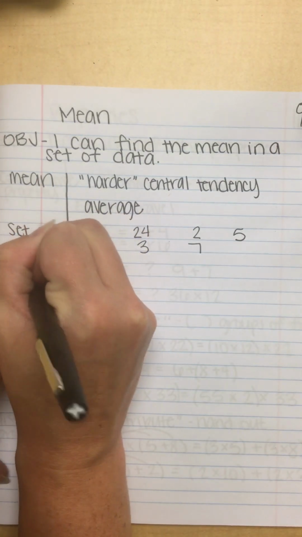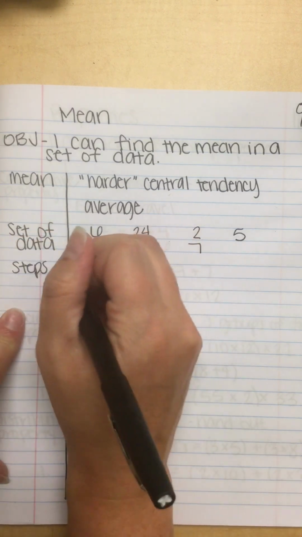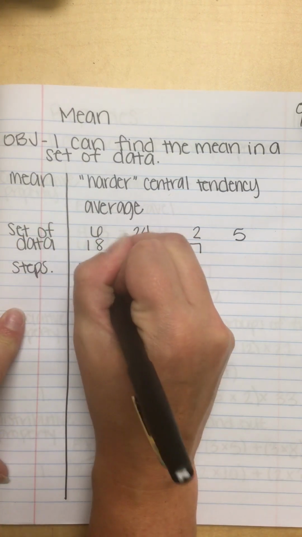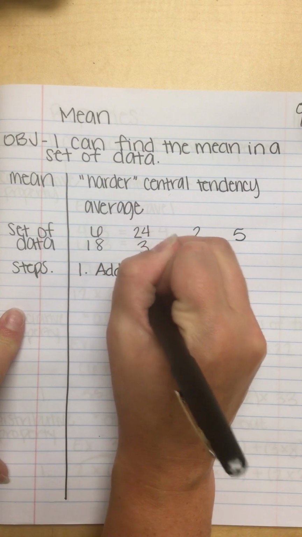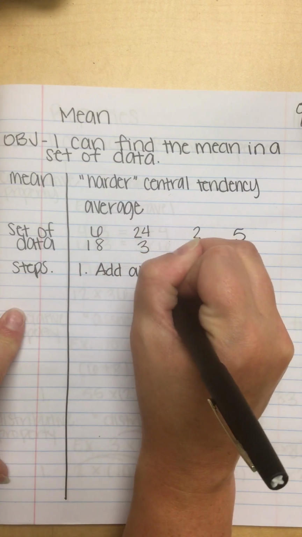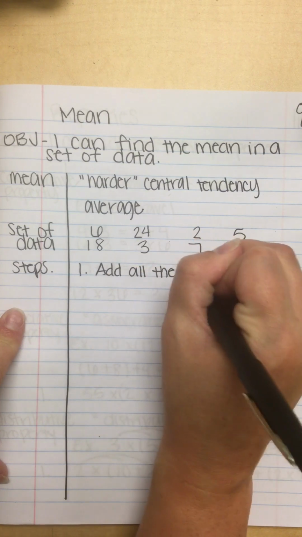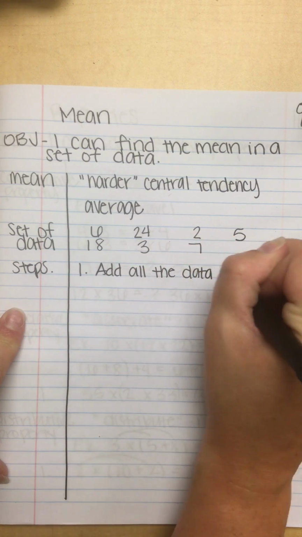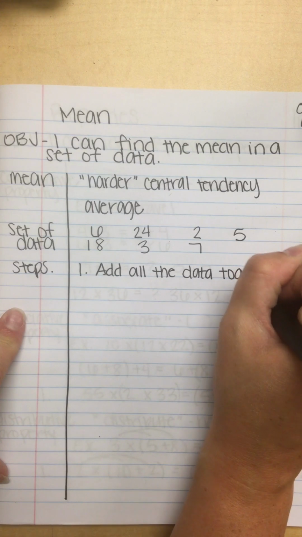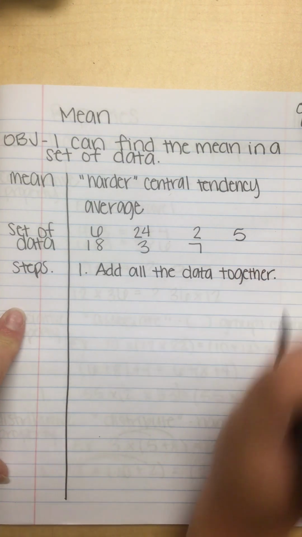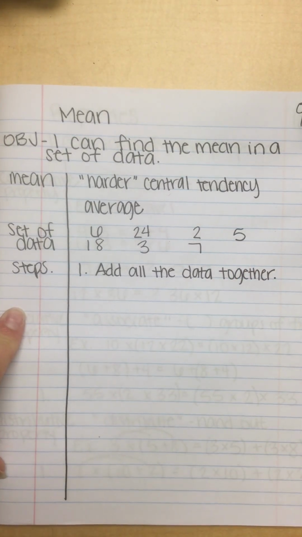So we can put steps. Number 1 is add all the data together.